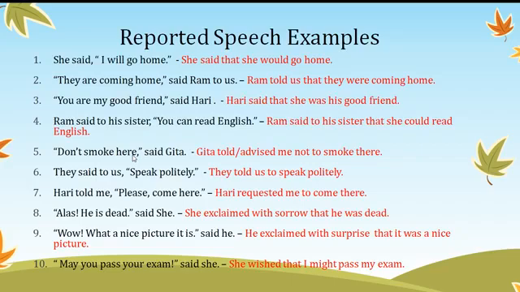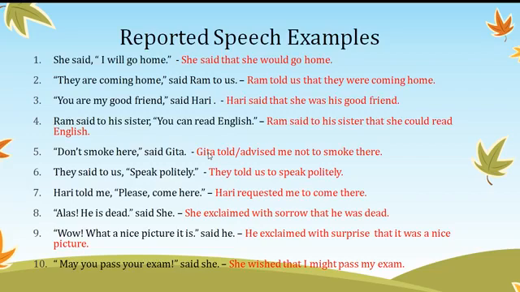So what is the first rule in the imperative sentence? Change the reporting verb, I told you about that. Said becomes told. Don't smoke here. It might be advised also. But now you must keep in mind that after told or advised, there must be an object. I told you that you have to put an object different from the speaker.